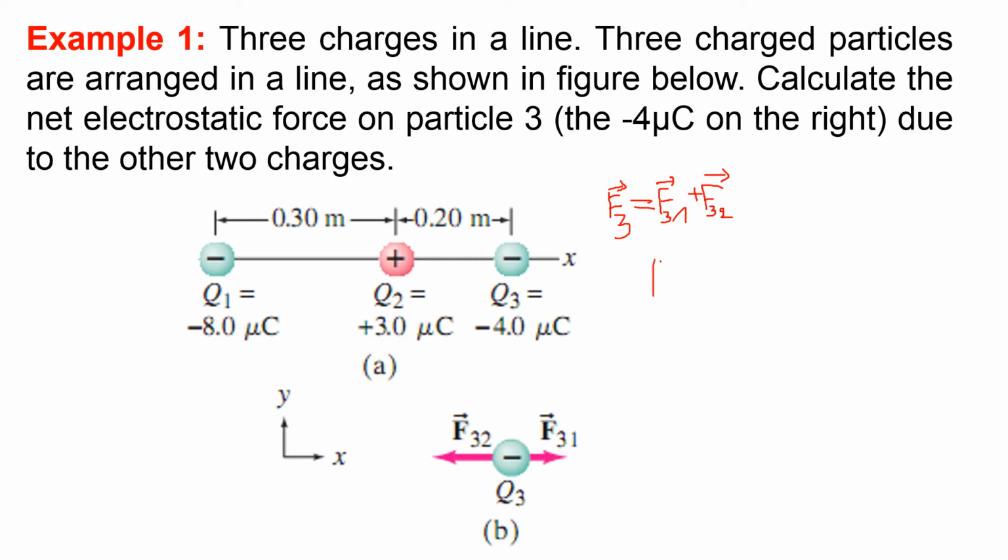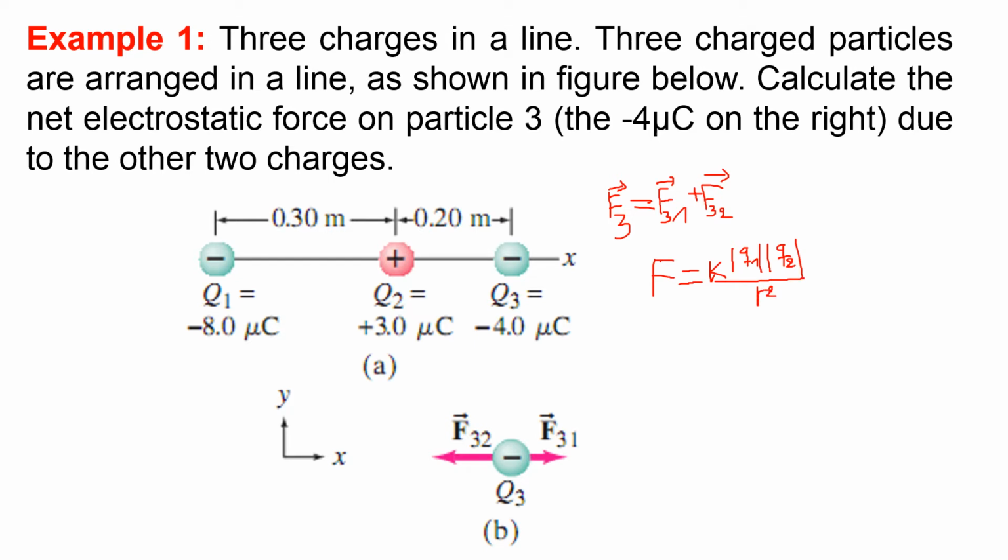We apply Coulomb's law, where the electrostatic force equals the Coulomb constant K times the magnitude of the first charge times the magnitude of the second charge divided by the square of the distance between the 2 charges.